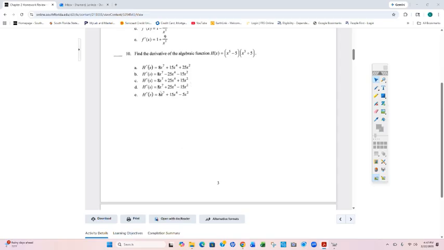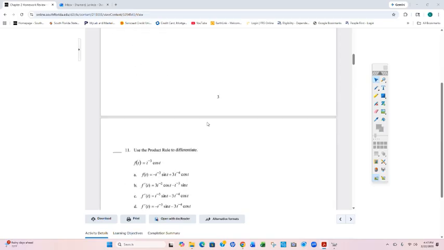D, h prime of s equals 8x to the 7th plus 25x to the 4th minus 15x squared. E, h prime of s equals 8x to the 7th plus 15x to the 4th minus 5x squared. The correct answer to number 10 is D. This is from section 2.3.